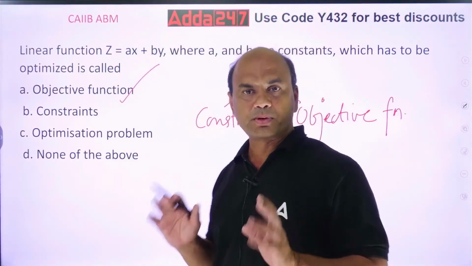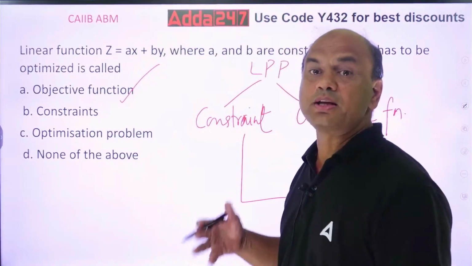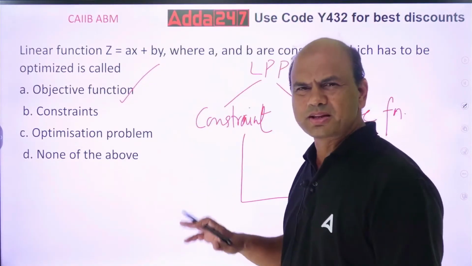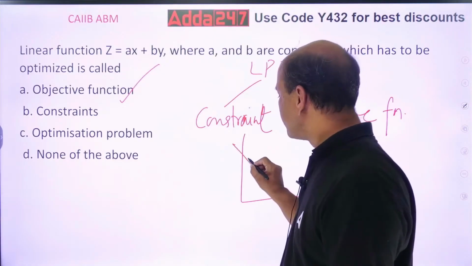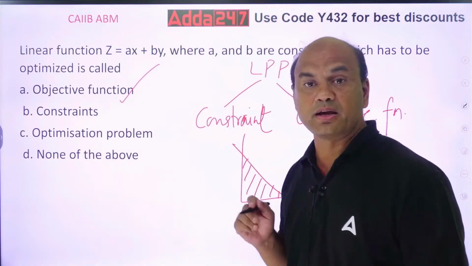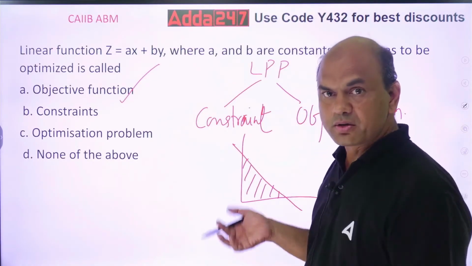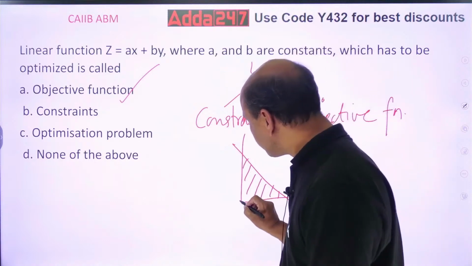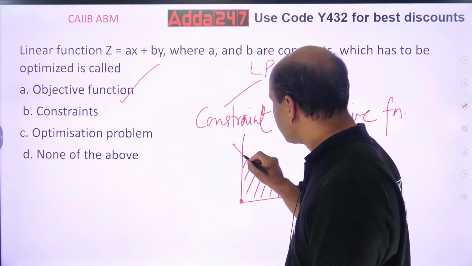Optimization means, see, I'll draw an LPP, a simple graphical solution of LPP. Suppose this is my feasible area. Then what have I to do? I have to move this Z function from here to here to here, all the points.